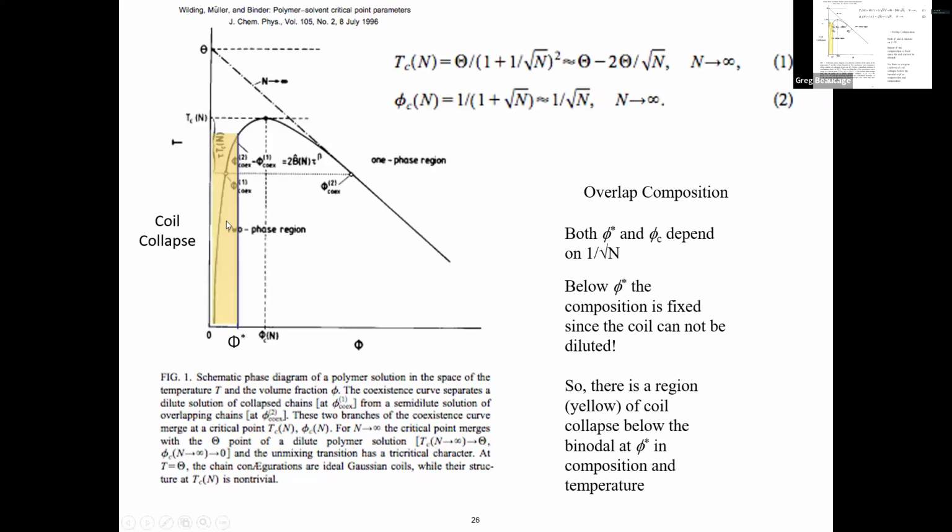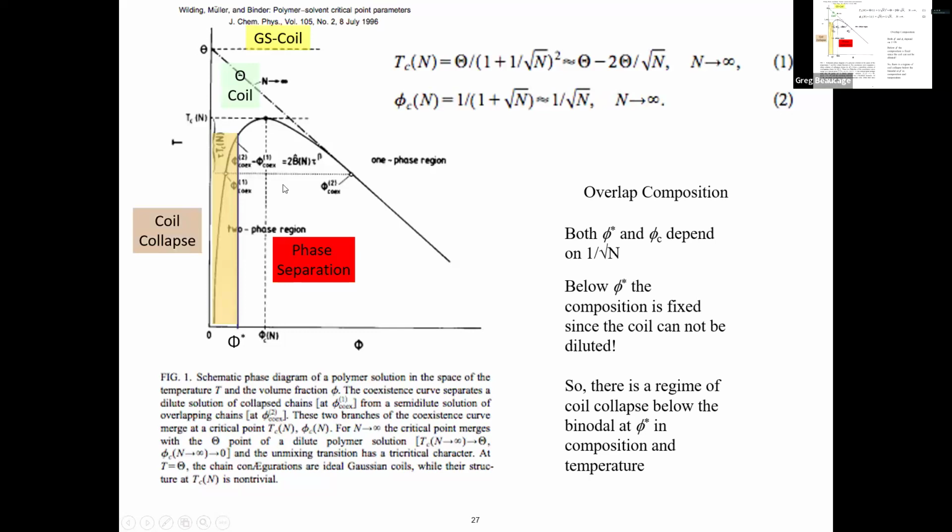So if you make a dilute enough solution, cool it down, you can get a collapsed coil just below whatever that temperature is. So the map of this gets to be pretty complicated. Like you have a good solvent coil in this region. There's a theta coil going along this line, and then there's this phase separation that happens.